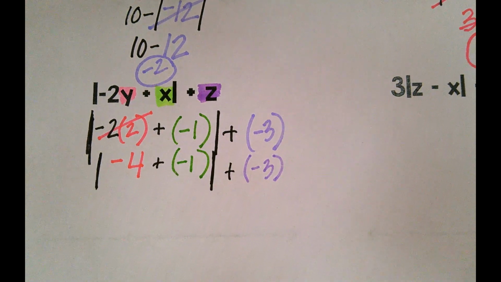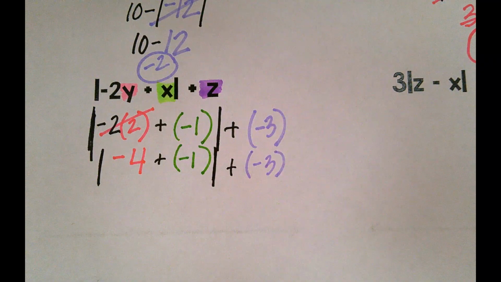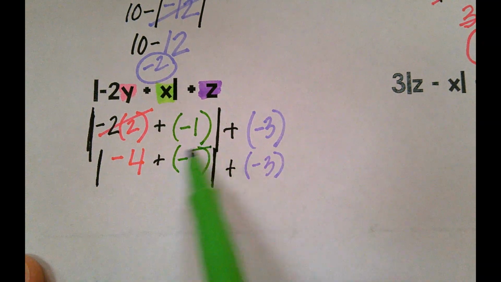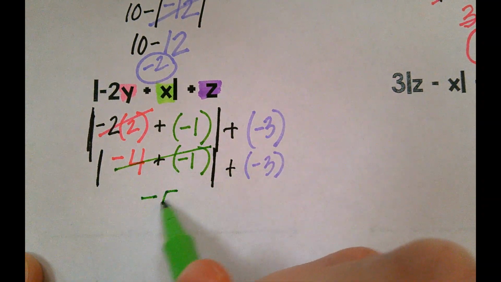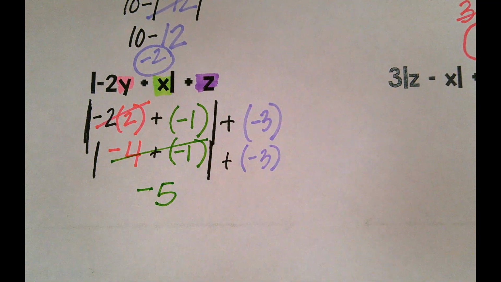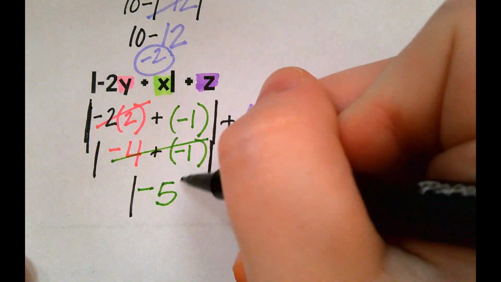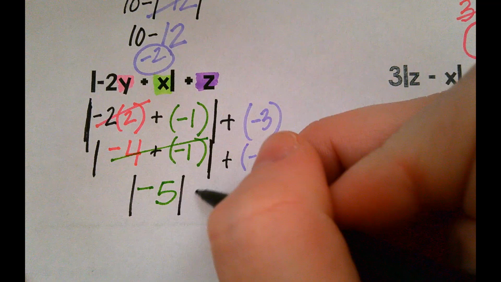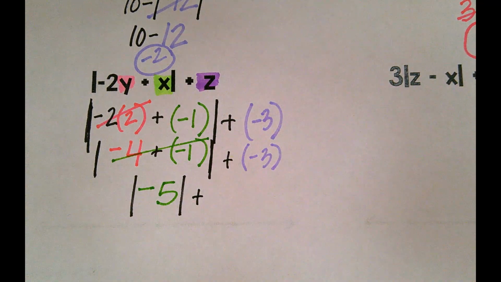Okay. What could I do next? Simplify it by making your -4 and your -1 into -5. Yes. -4 plus -1 is -5. Put my bars down. Then add -3 again. Plus -3. Perfect.